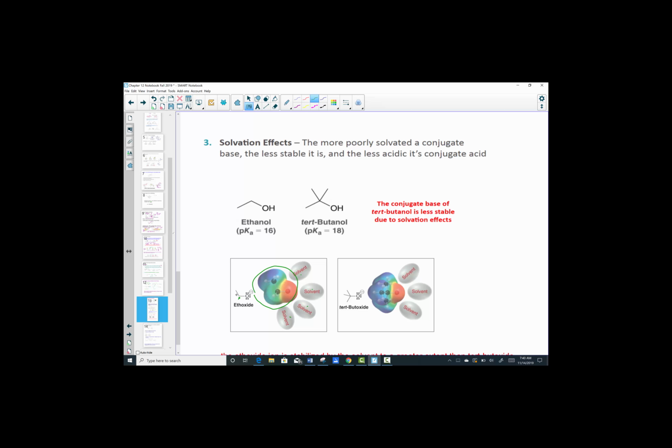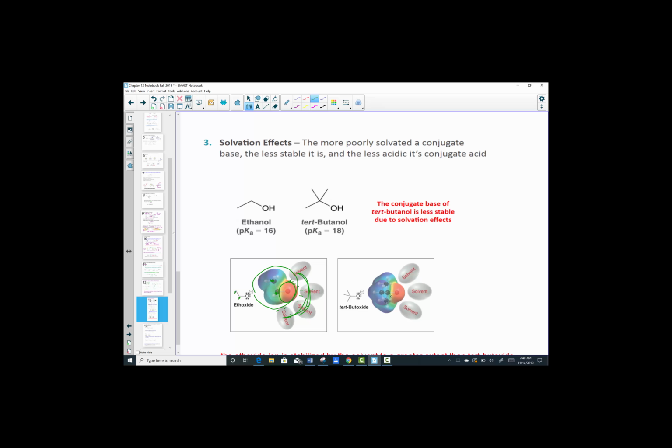If I have a straight chain, ethoxide is just simply 2 carbons, and we can see where the electron-rich area is on the oxygen, our solvent has the ability to place itself around that negative region to help create a stabilization force, interactions here, to help stabilize the negative charge.